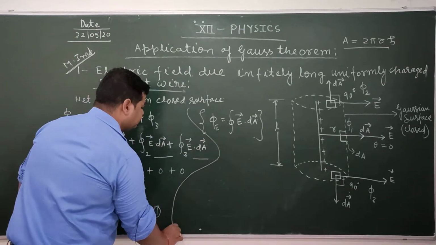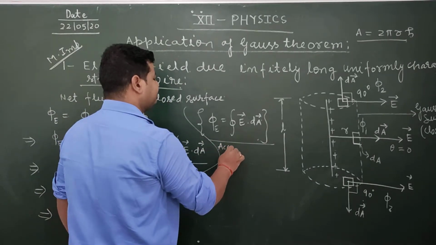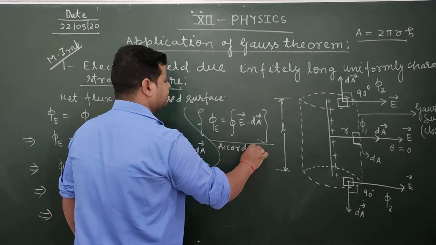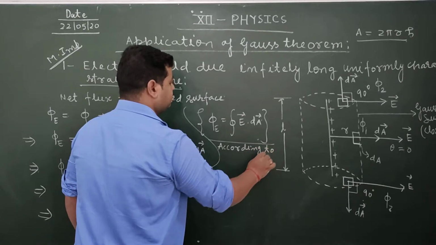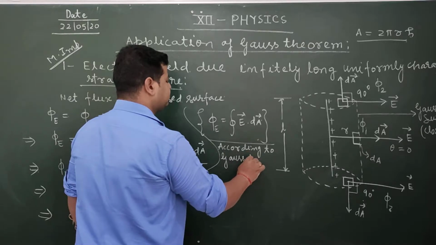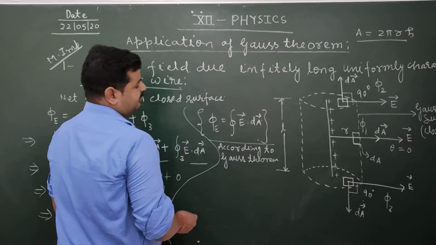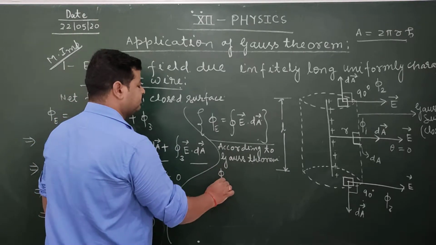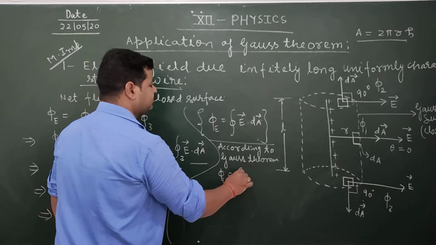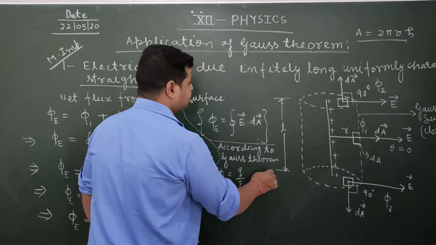Again, according to Gauss theorem, the net flux is equal to Q by epsilon naught. This is equation second.